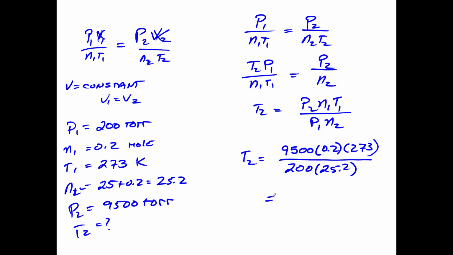So, whoops, let me take my calculator. Let's go ahead and work on this. 9,500 times 0.2 times 273, we'll get 508,700, divided by the quantity 200 times 25.2.